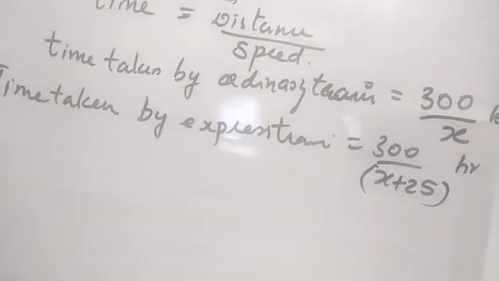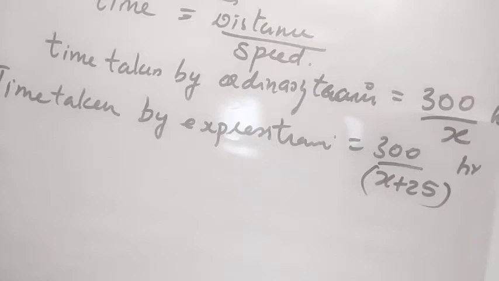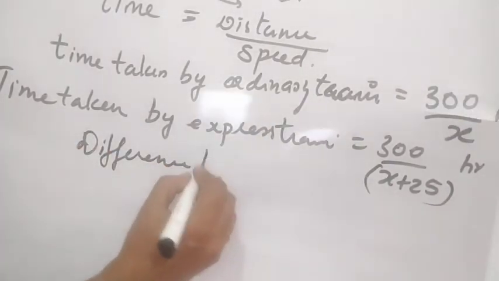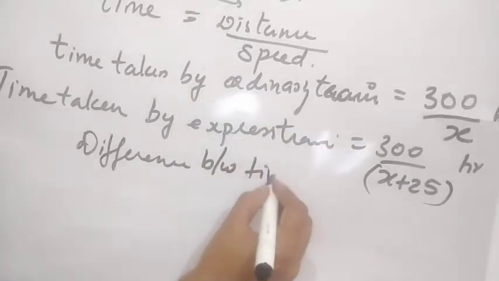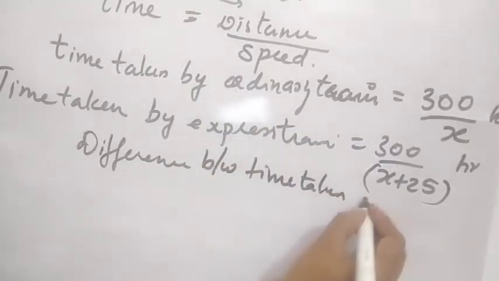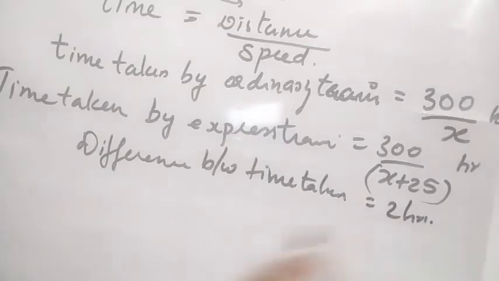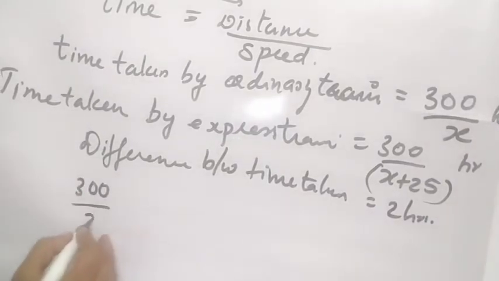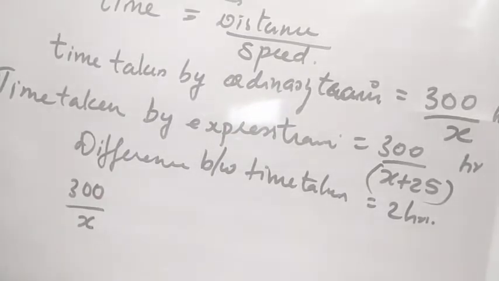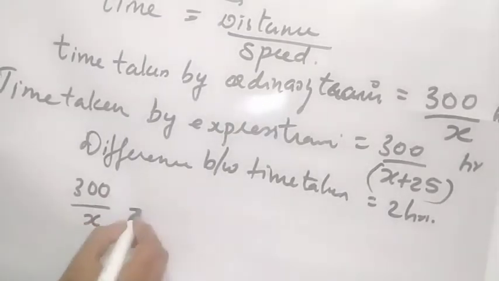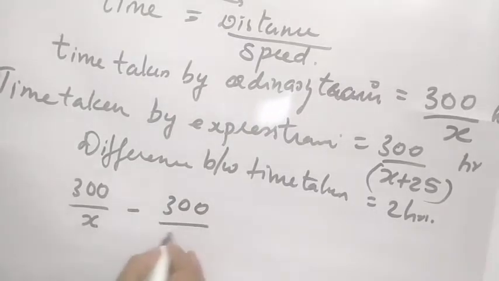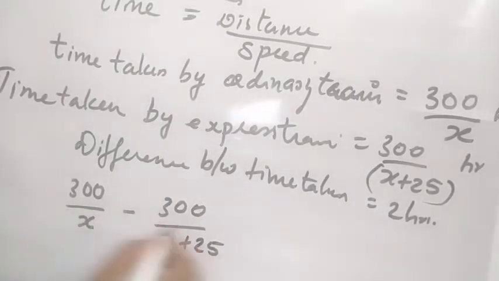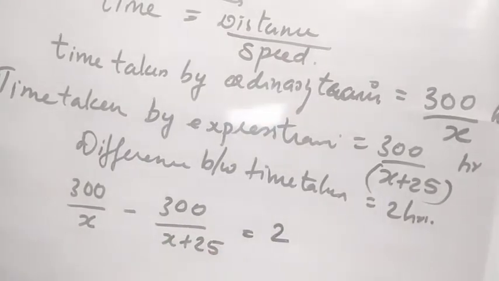Time taken by the two trains, the difference between the time taken is equal to 2 hours. So we can relate this as 300 by x, since the ordinary train takes more time, minus 300 by x plus 25, the time taken by the express train, which is less. Their difference is 2 hours.